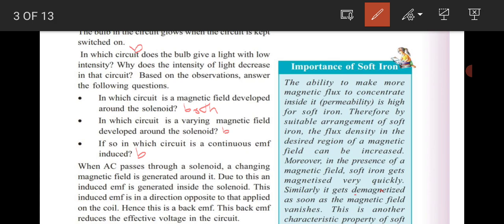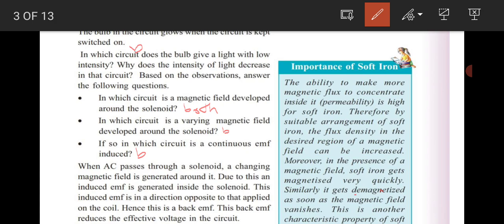There is a difference between an AC and a DC source. That is the main reason for the difference in the brightness of the bulb in the two circuits. Let us check the reason behind this difference. When AC passes through a solenoid, a changing magnetic field is generated around it.